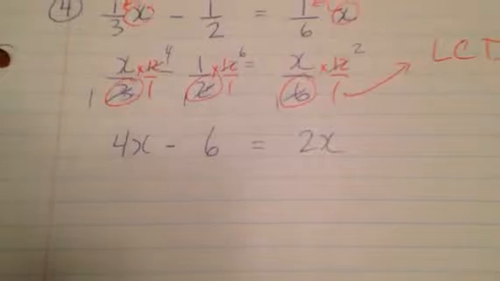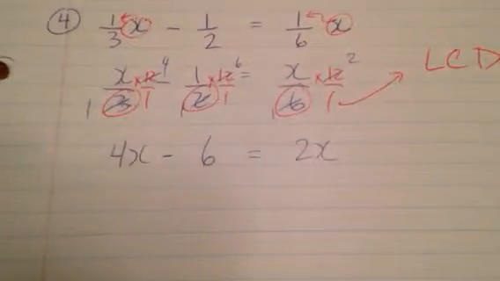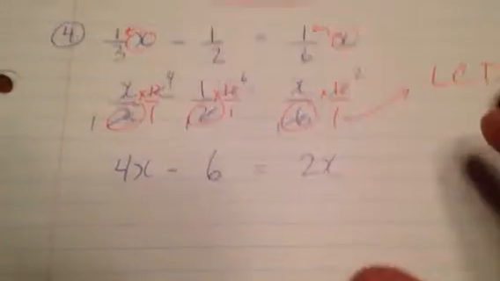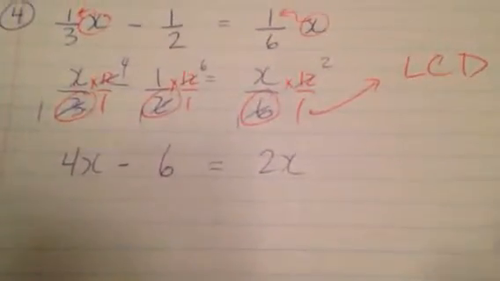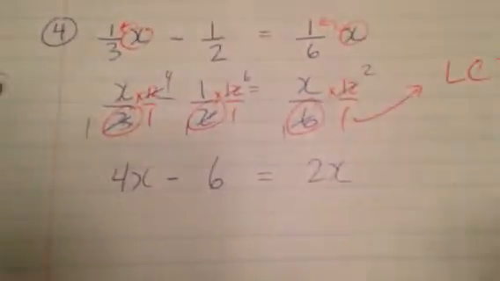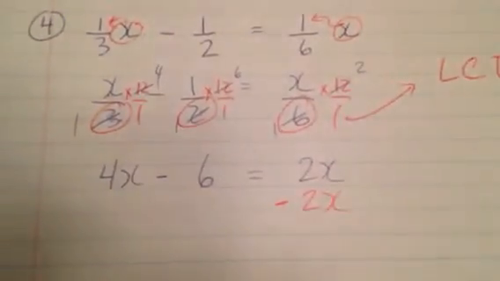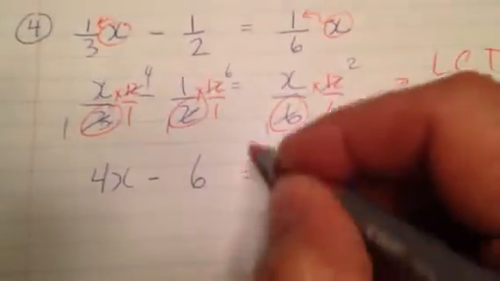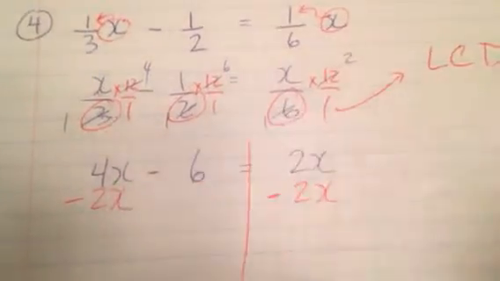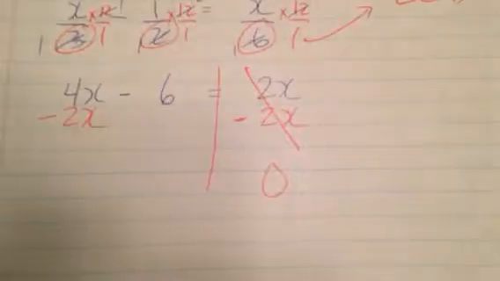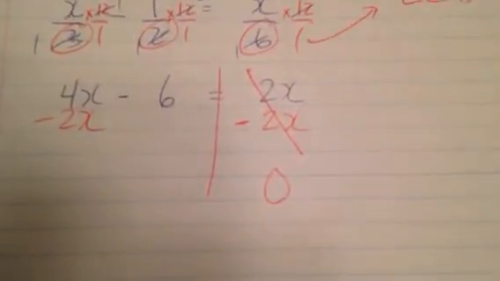Okay, so here I have x's. I only want x's on the left side, so let's follow that. I want to get rid of this. So when I minus 2x from one side, I've got to minus it from the other side, right? So these cancel out. Don't forget, when you cancel it out, I've got 0. 2x minus 2x is 0.